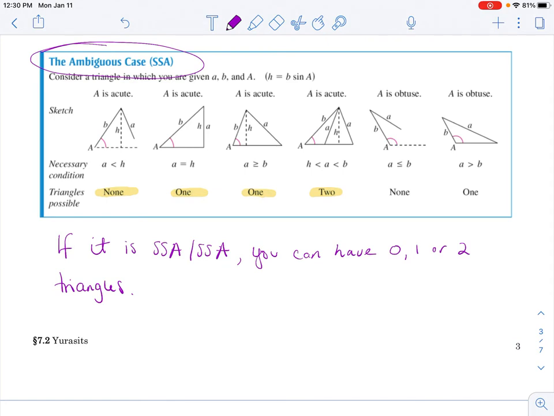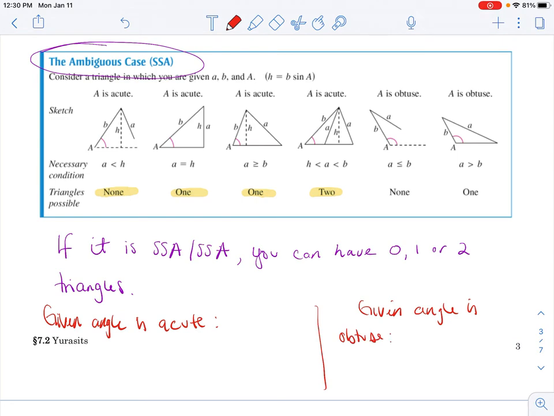So this chart is going to break it up into two categories. I'm going to go down here and say given angle is acute. The other option is given angle is obtuse.